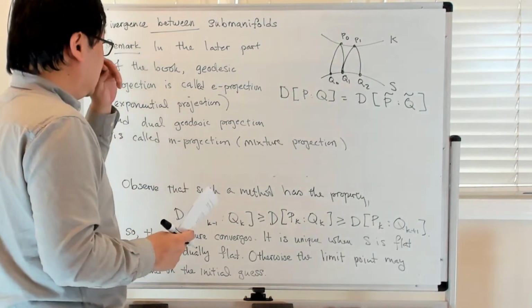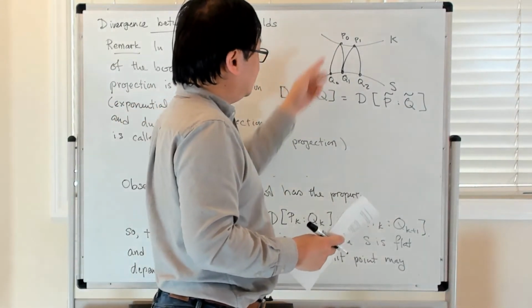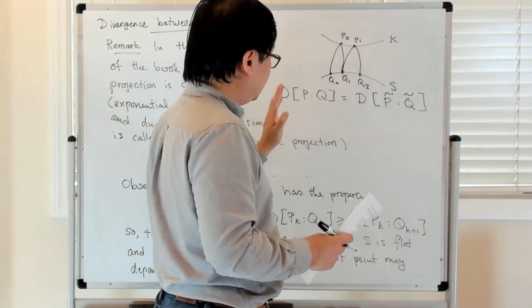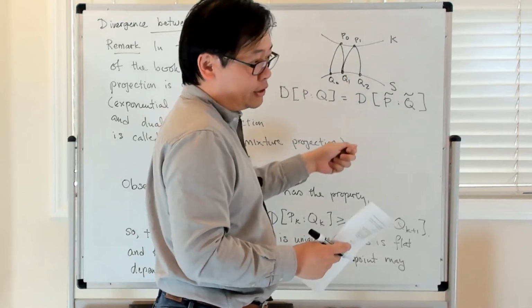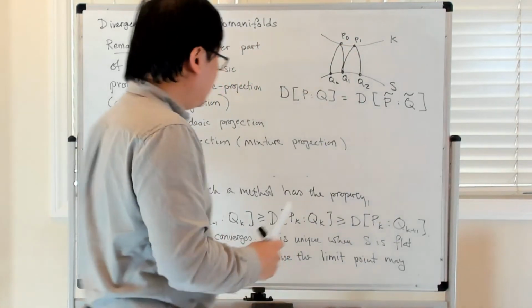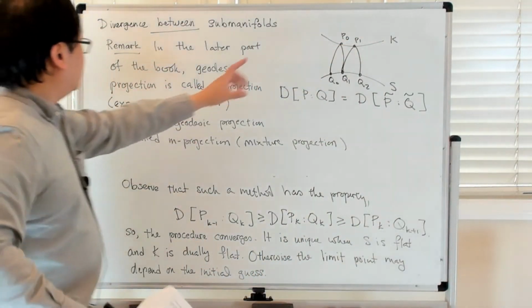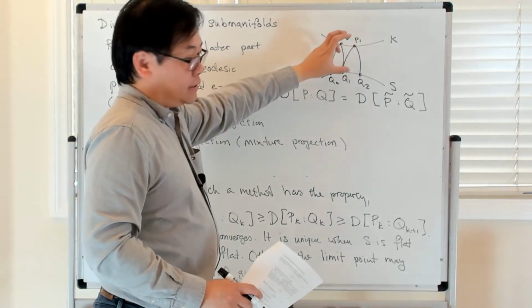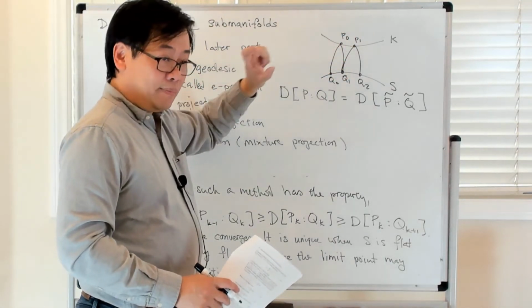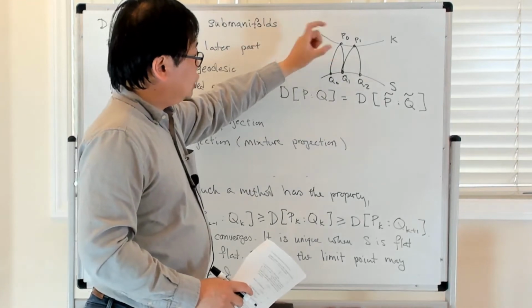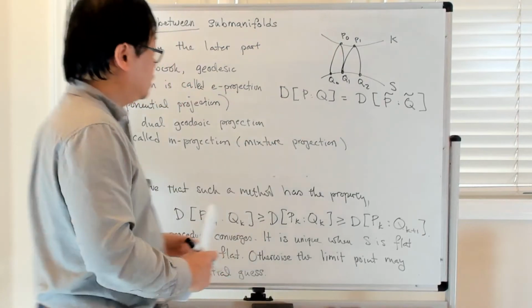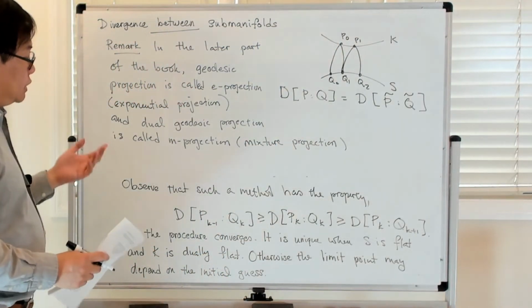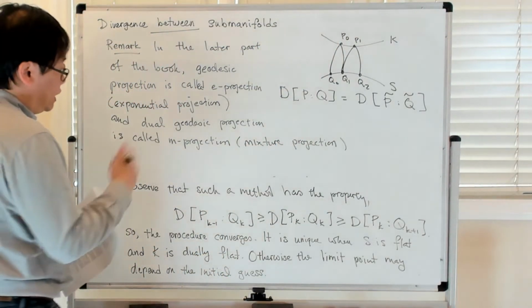And so as you might expect, this alternating projection method has a combination of primal projections onto one surface and dual projections on the other, and you alternate between them. So this procedure of alternating projection, in order to find a pair of points which achieve the minimum divergence between two submanifolds, is going to be called the EM projection algorithm or the EM algorithm.